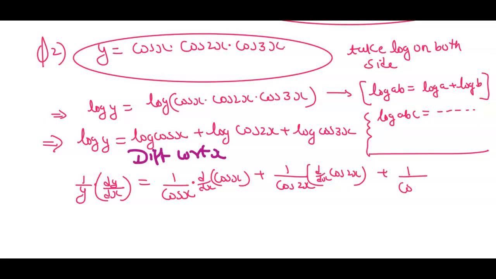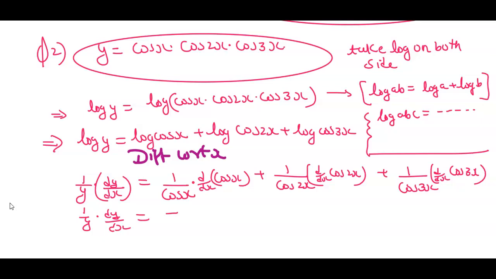1 upon cos 3x, derivative of cos 3x. Further, it is 1 upon y dy by dx.